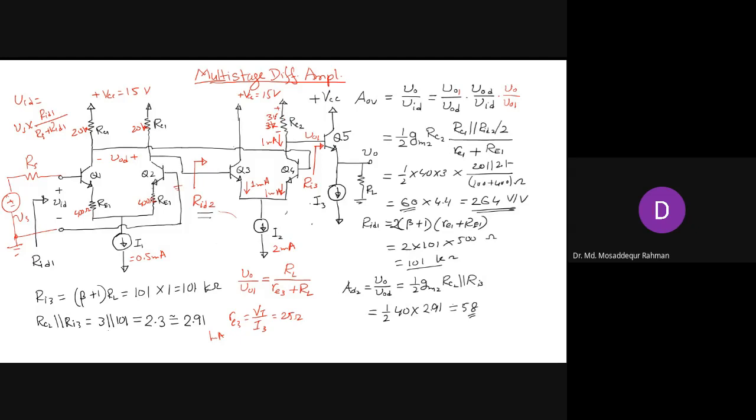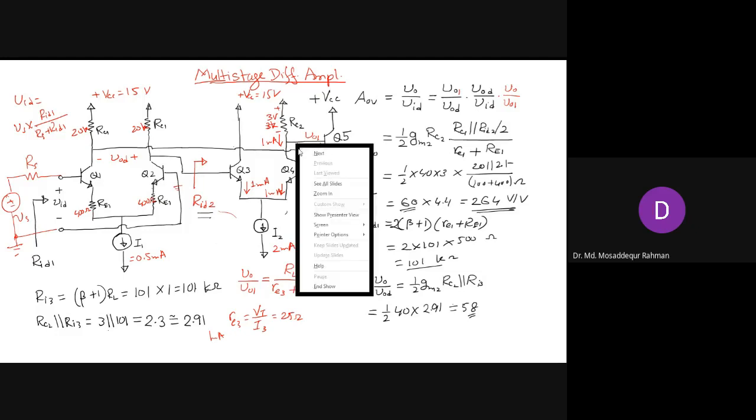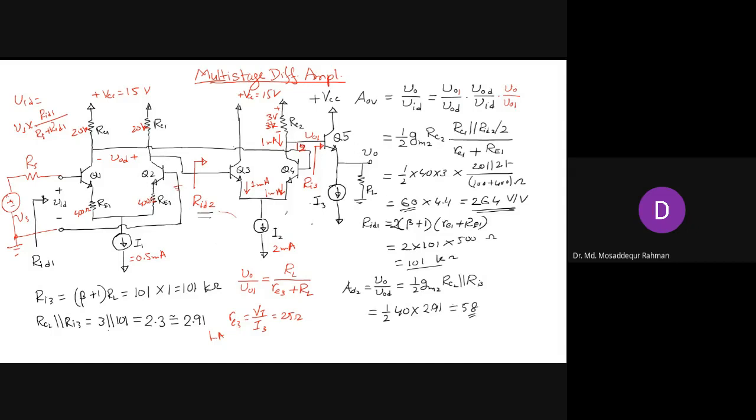So it's 15 minus 3. The voltage that comes here will be 12 volt. So you will have 12 volt coming at the base of this. Then you have a 0.7 volt drop here, and then you get a voltage of 11.3 volt.